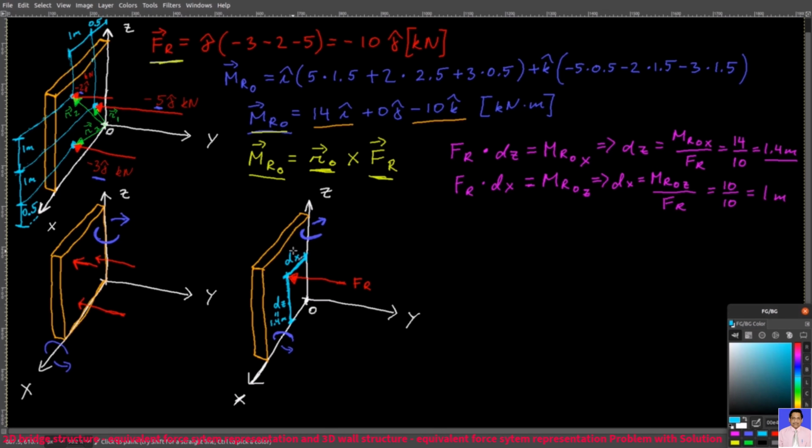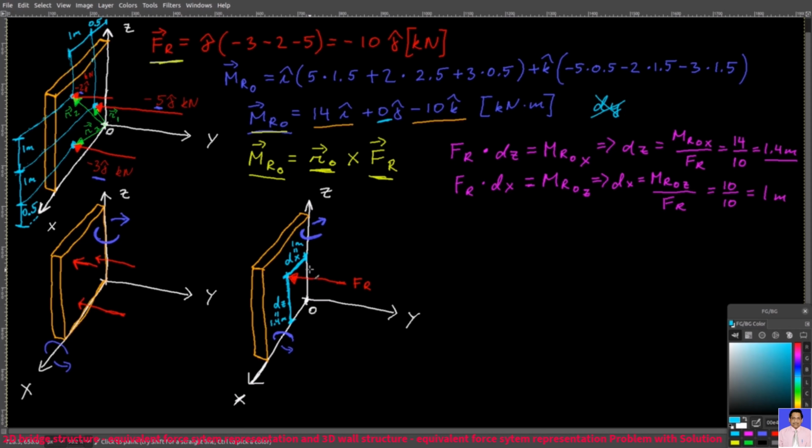So this dx here is 1 meter. And then you can see that there is no moment component in the y direction, which is why there is no need to calculate dy.